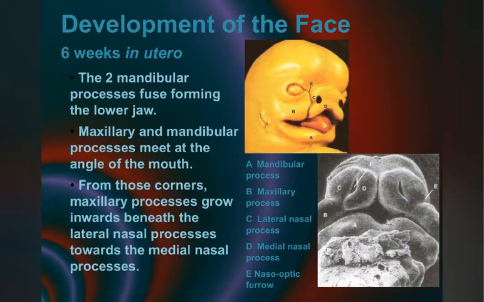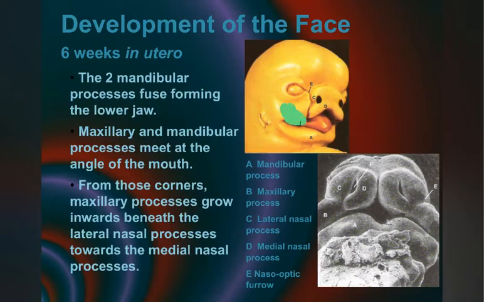So the changes are dramatic from week to week. In this model, at week 6, we can identify here the optic vesicle. Now we call it vesicle instead of placode.